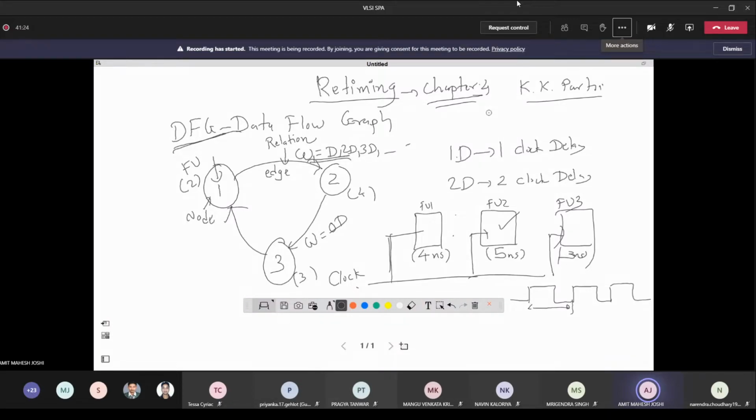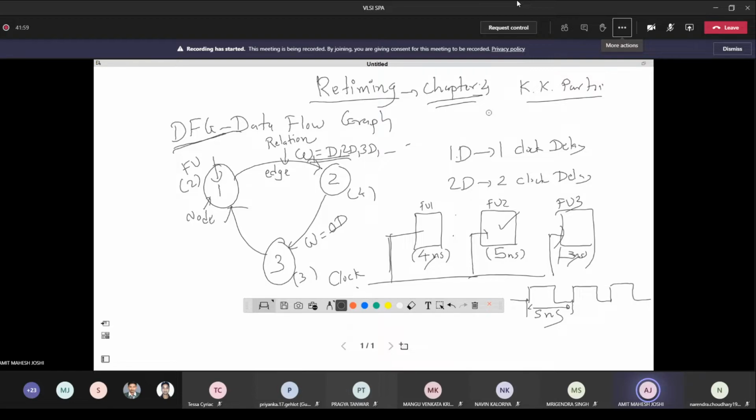So if I want to apply the clock to this system, I need to ensure that it has a period of at least 5 nanoseconds. If I provide less than that, then this system may not work properly. Of course, this will work for 4 nanoseconds, and this will work for 3 nanoseconds. But when I apply a common clock to all the blocks, I need to always think about the block which will take the maximum time, and according to that I need to decide my time period.